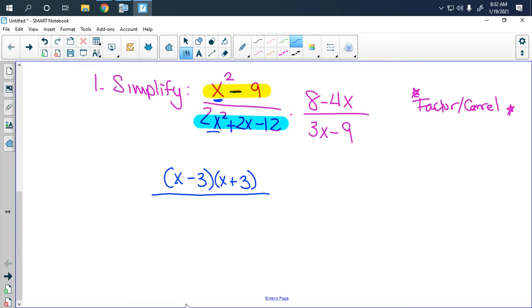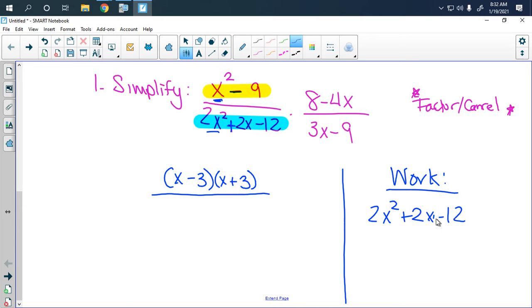So to factor that, it has a 2 in front of the x squared, which means I need to use P's and C's. So off to the side here, I'm going to just show my work. I'm going to take 2x squared plus 2x minus 12, and factor that using P's and C's. So my P is negative 24, product of my first and last term.